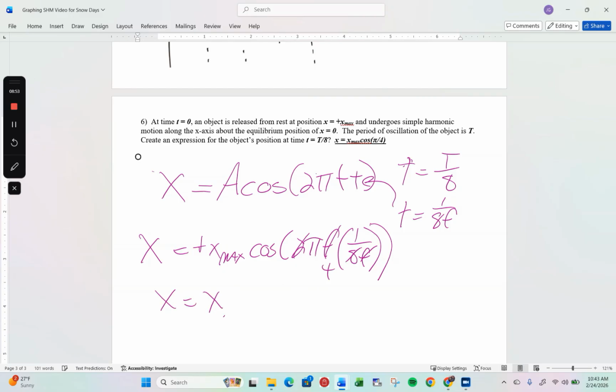Frequency cancels, 2 over 8 gives 1/4, and we end up with x equals x max cosine of pi over 4. That's it. I don't know what else we're asked to do with this. This was a multiple choice.